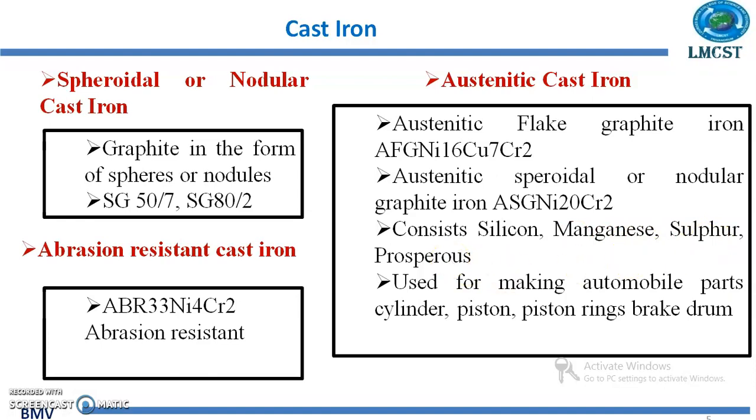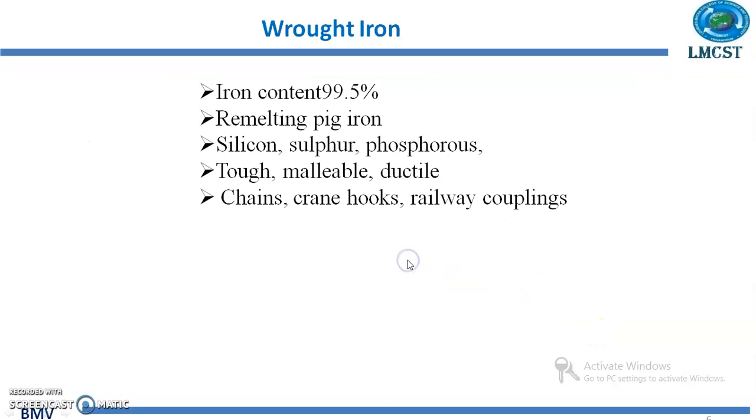They may be produced by adding alloying elements such as nickel, chromium, molybdenum, copper and manganese in sufficient quantities, and these elements give more strength and improved properties. These are used for making automobile parts such as cylinders, piston rings and brake drums.